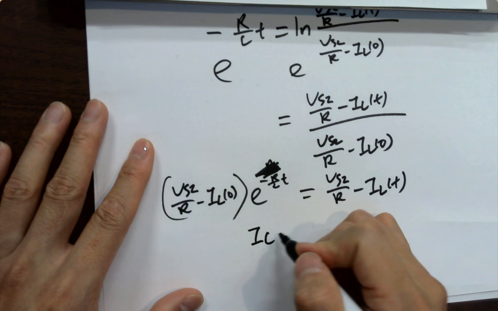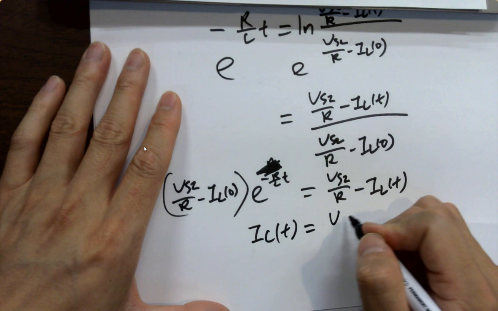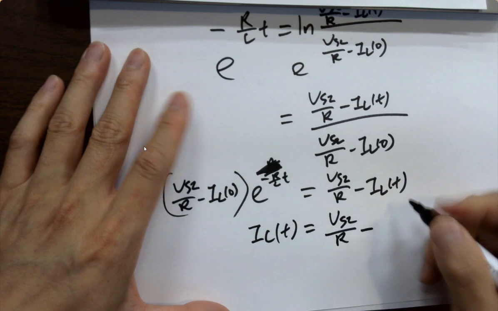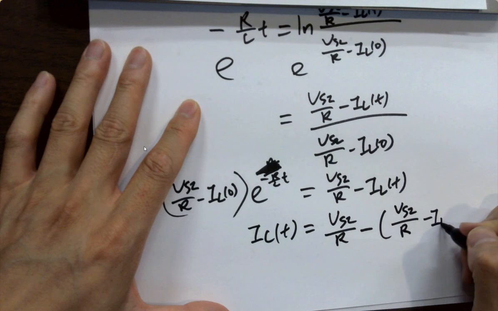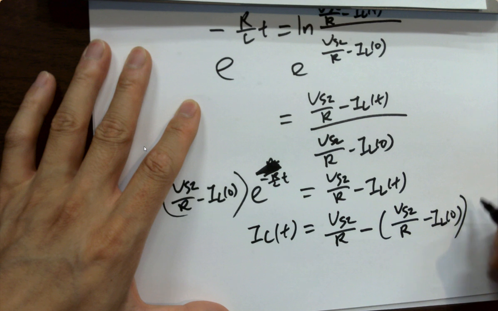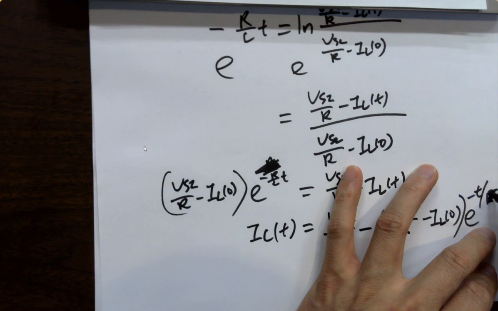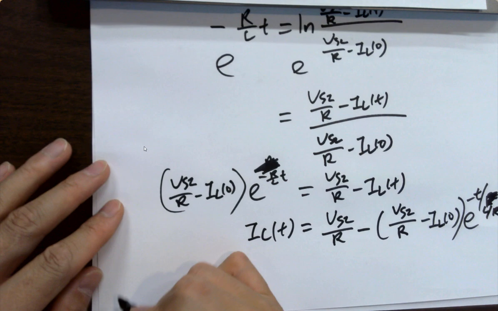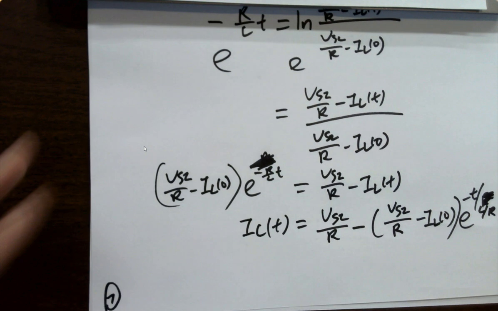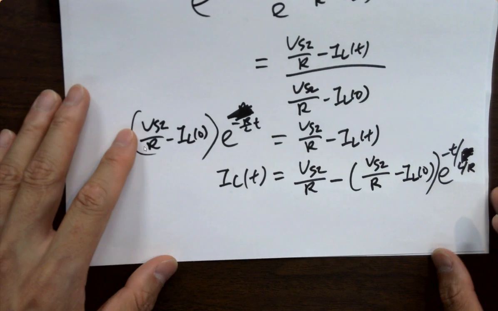So, done. IL(t) equals... still the same format. Not RC anymore. It's L over R. This is actually mentally easier compared to other circuit analysis methods because it's almost every time just repeating again and again. It's the same thing, right?